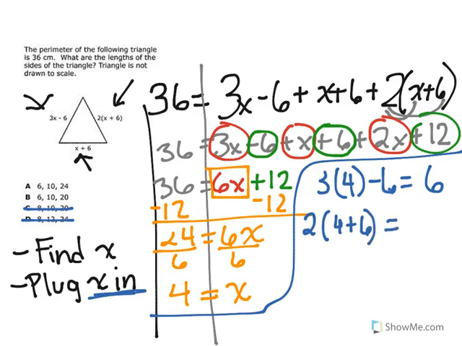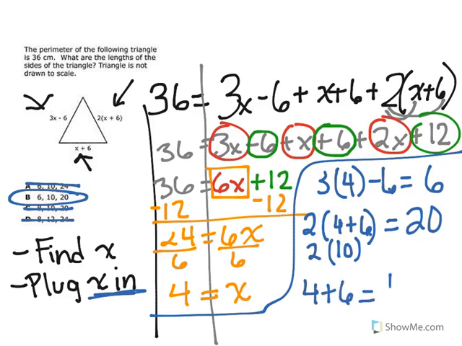Order of operations: parentheses first. 4 plus 6 is 10, and 2 times 10 is 20. So A is wrong. That means B is my answer. But just to make sure, 4 plus 6 is equal to 10.